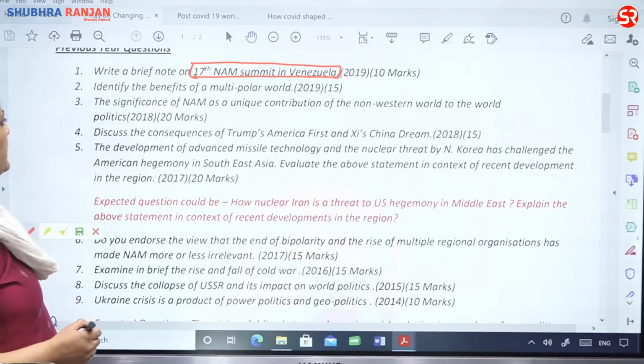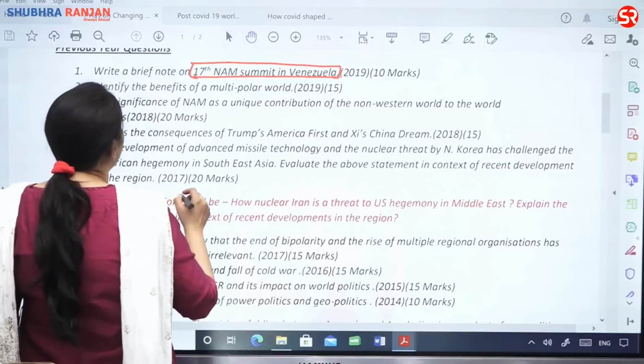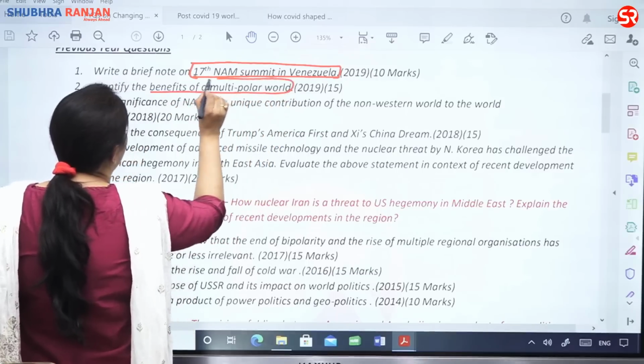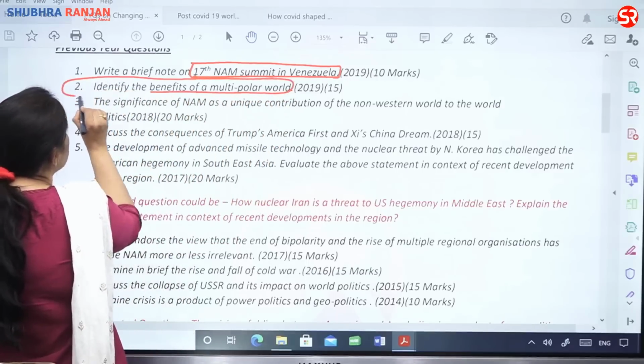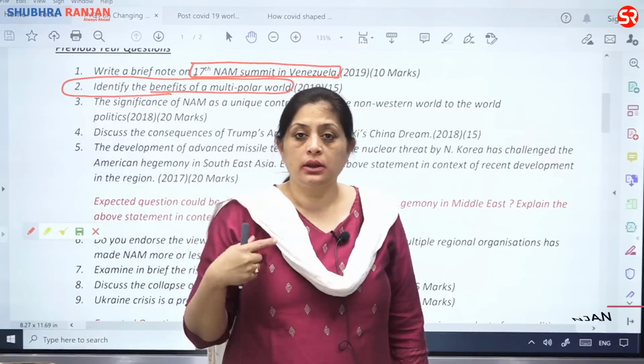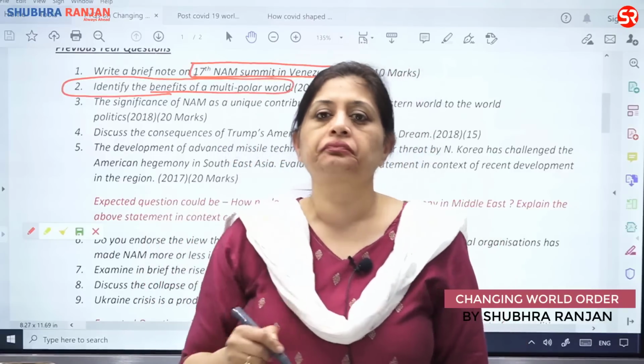In 2019, there was another question: identify the benefits of a multipolar world. This is again relevant because the topic is the changing international political order.